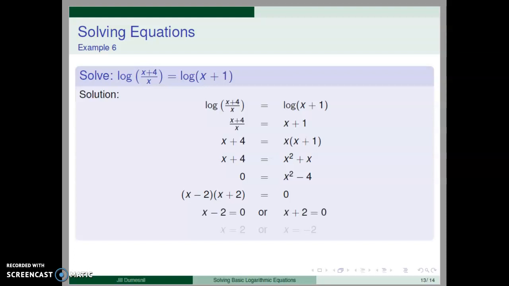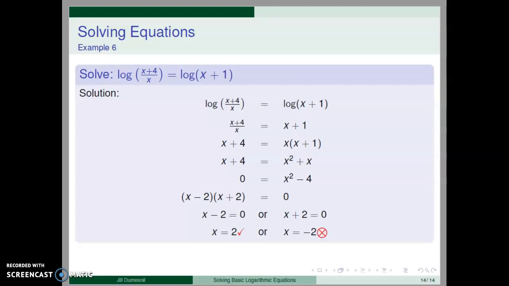We set the factors equal to 0 and solve for the variable. We get that x equals 2 or x equals -2, but we must check these in the original equation. A check will verify x equals 2 is a solution, but x equals -2 makes the inputs into the logarithmic function negative. Log of -2 plus 1 doesn't exist, therefore the only solution is x equals 2.